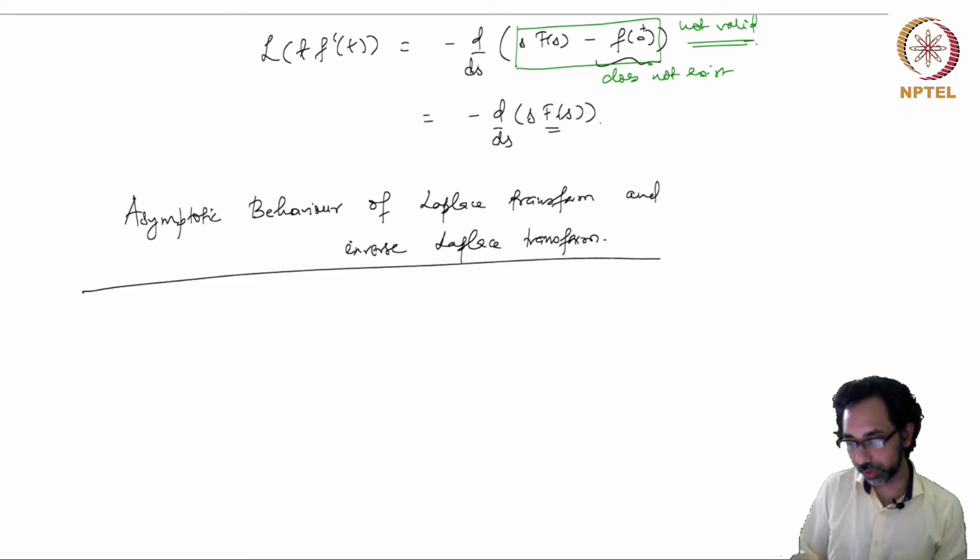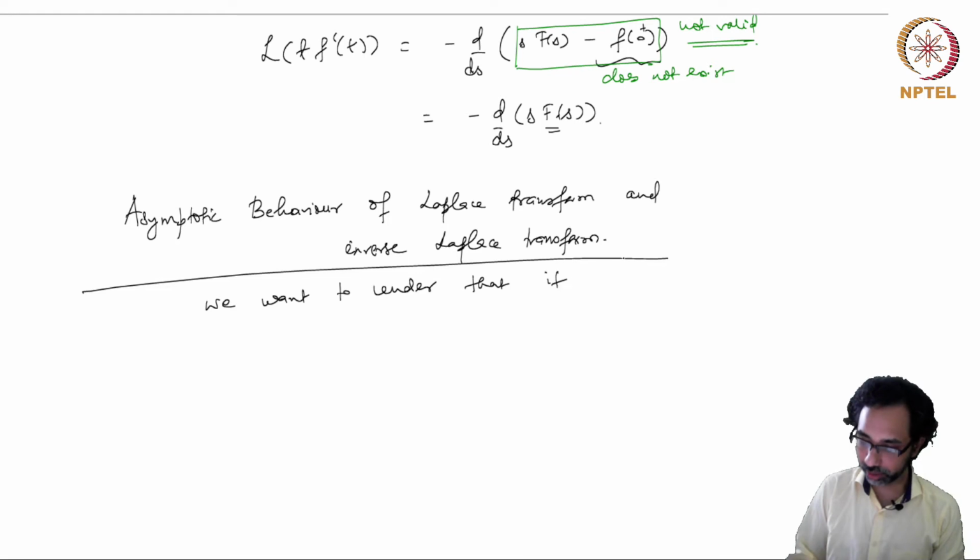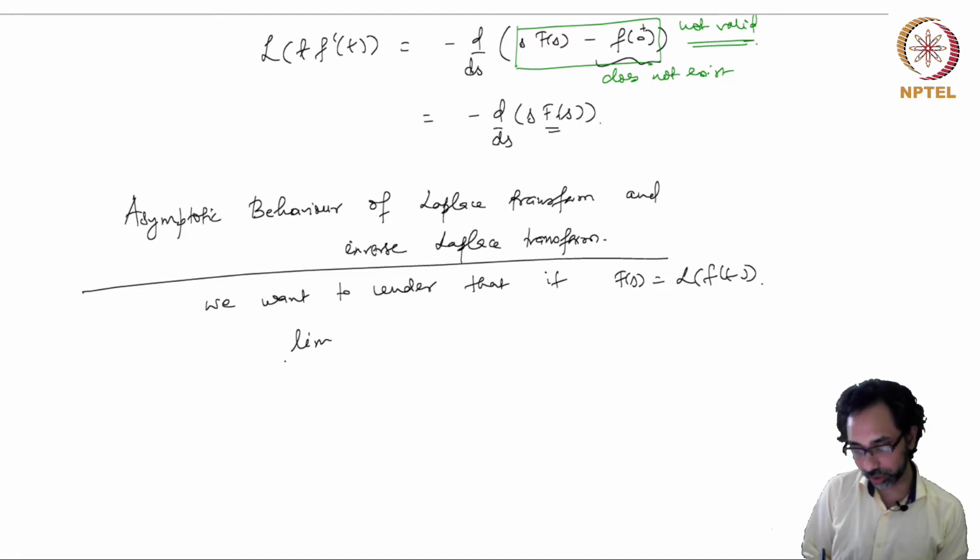So by asymptotic behavior, we want to understand that if F(s) is the Laplace transform of f(t), then we want to consider the limit as t goes to 0 plus of f(t).